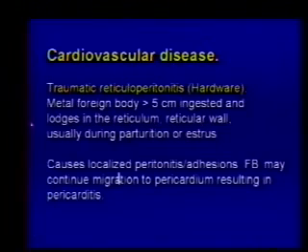It could just barely attach or penetrate the reticular wall. It can penetrate the reticular wall and into the diaphragm, or it can go through the diaphragm and actually puncture the heart, and then cause a pericarditis. So it may cause a localized peritonitis with adhesions. The foreign body may continue migration to the pericardium, resulting in a pericarditis.